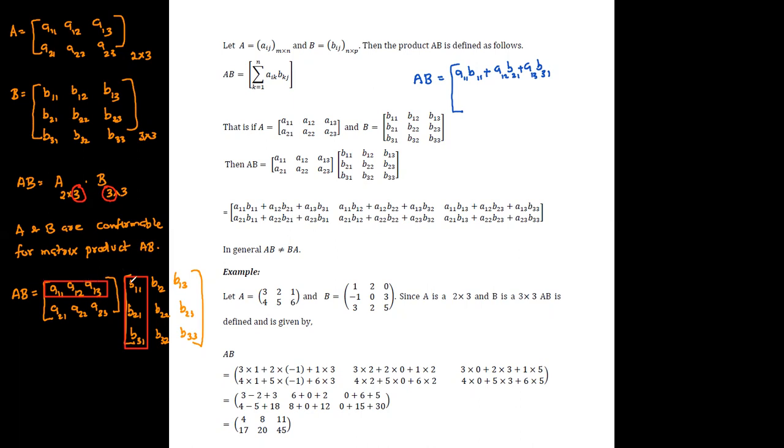Now we have finished the multiplication of the first row with the first column. Multiplication of the first row with the first column gives us the value for the element in the first row, first column. Here we can see that we have obtained an element using the first row and the first column. Since we have finished the calculations using the first column, we will move to the second column.